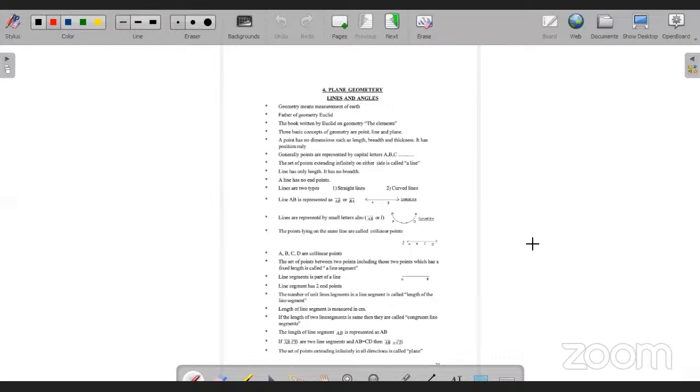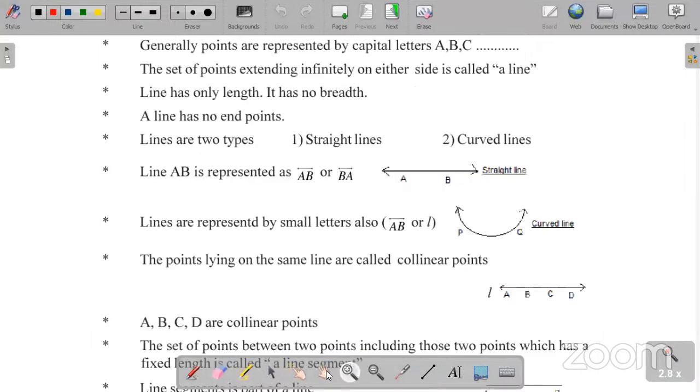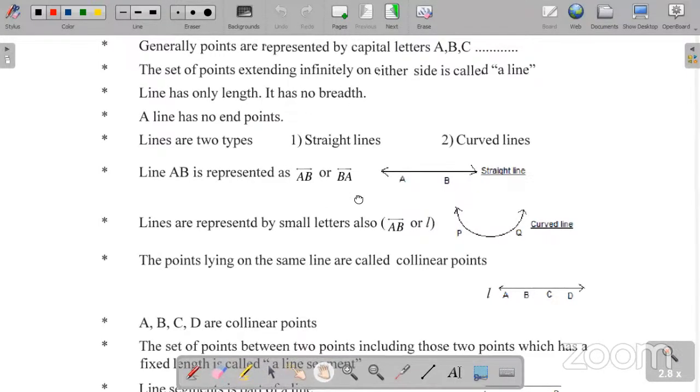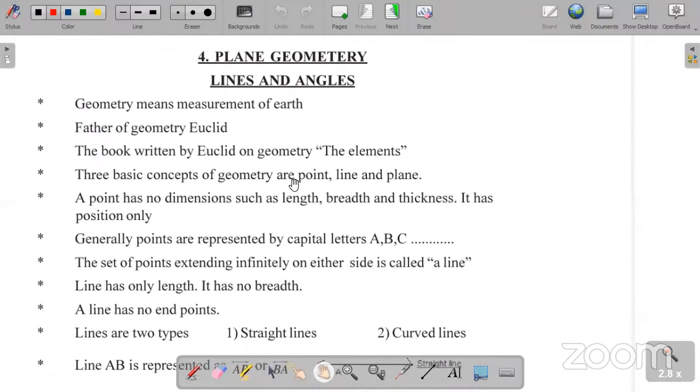Okay. Let us move to our new chapter today. Our new chapter is plane geometry. So in that, today we shall discuss lines and angles.